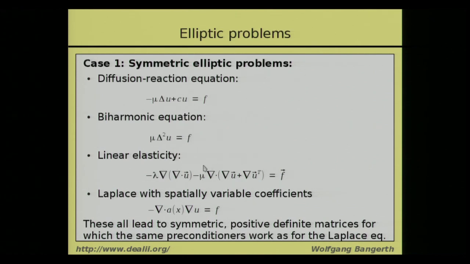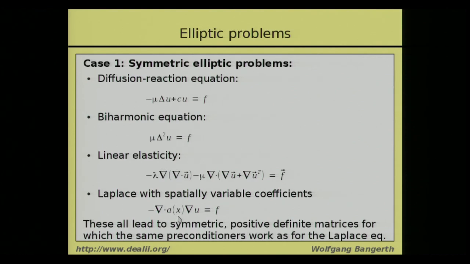And again, under certain conditions on lambda and mu, this leads to symmetric and positive definite matrices. And finally, one of the things that we solved numerous times in the deal.II tutorial, for example in step 6, would be a Laplace equation with spatially variable coefficients.